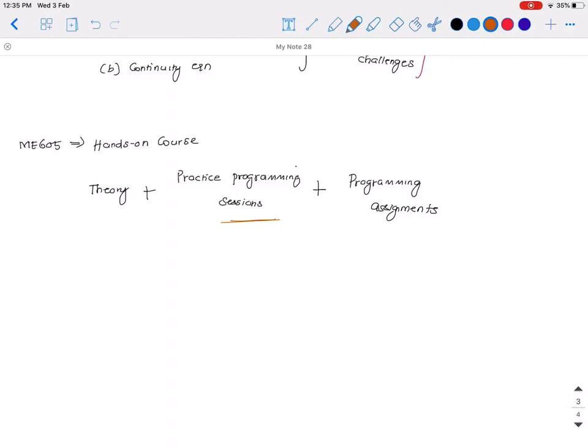We will have some practice sessions to help you write CFD codes using a programming language of your choice. In this course we will focus on Python and MATLAB. You don't have to know both, but if you know either one, it would be very helpful for you. Thank you.